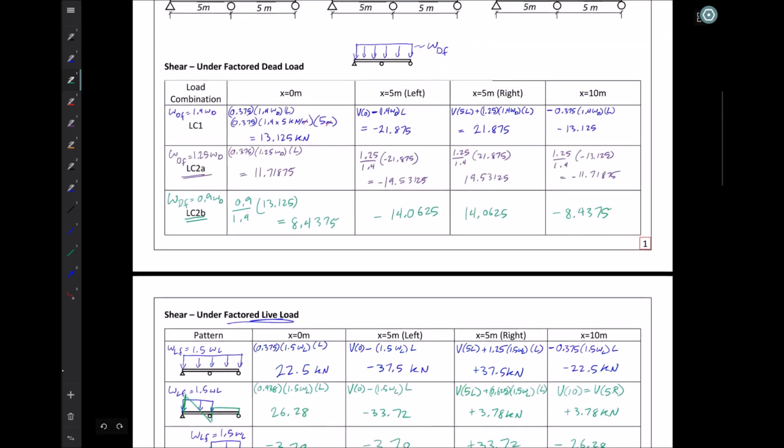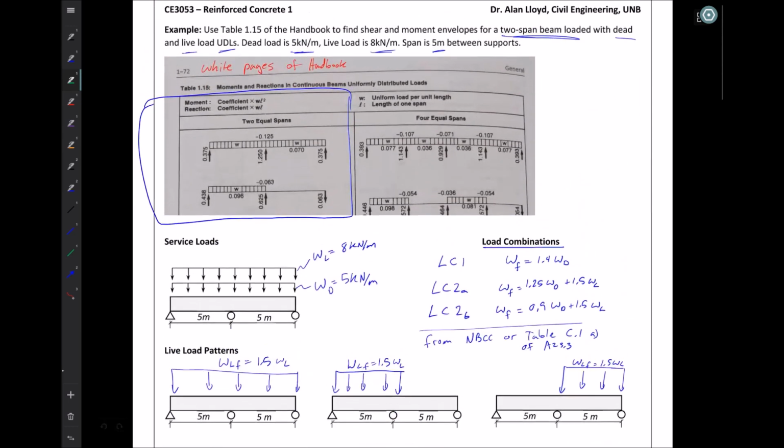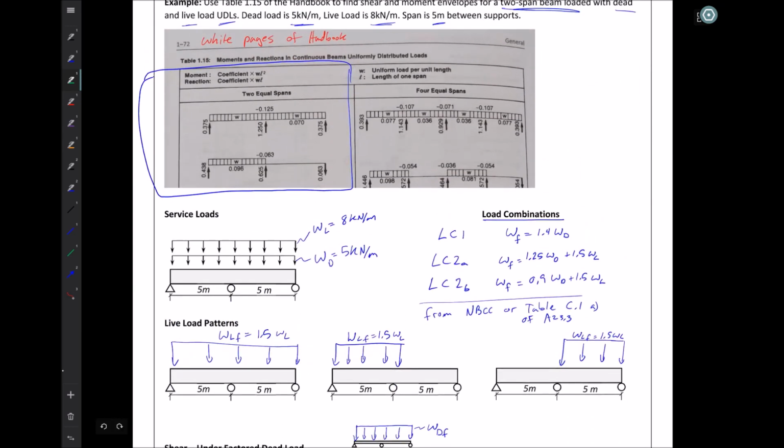Looking back at what I've done here, I have found my load combinations. For load combination 1, I've found the complete shear diagram. For load combination 2A, I've found the shear diagram here, and I've found the shear diagram for 1.5 WL under scenarios 1, 2, and 3.